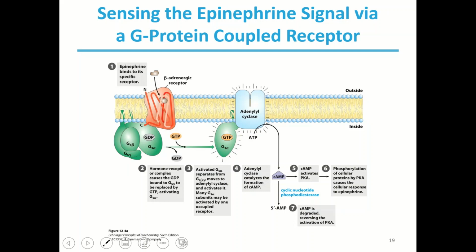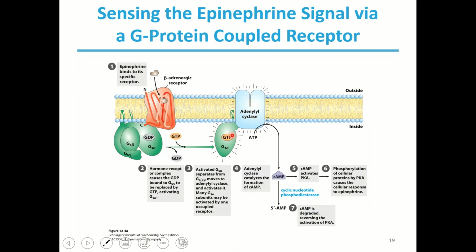Okay, when it does that, it separates from the beta and gamma subunits of the G protein, and then it becomes more mobile and it can move around. Okay, in the case of the beta adrenergic receptor, that G protein is going to move until it finds its target enzyme, known as adenylyl cyclase.